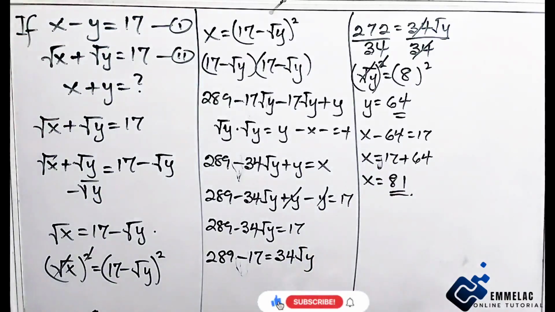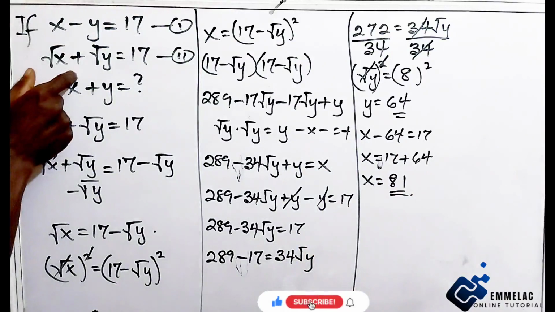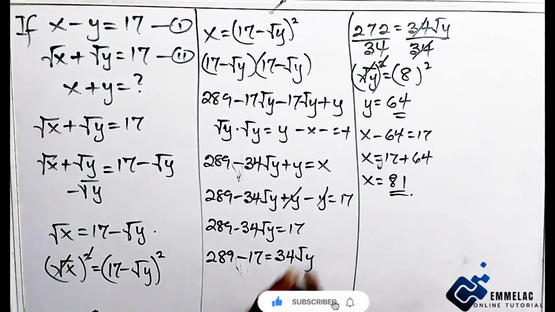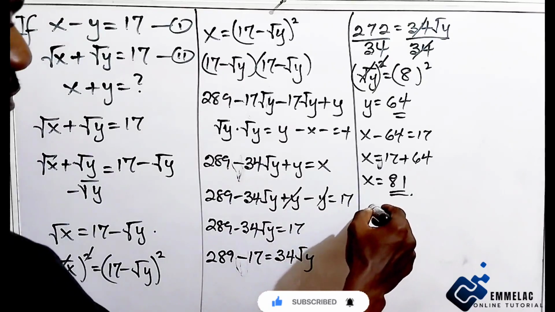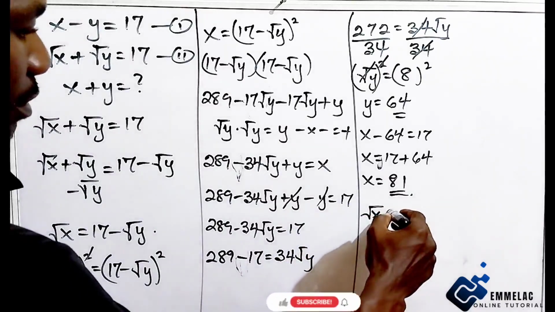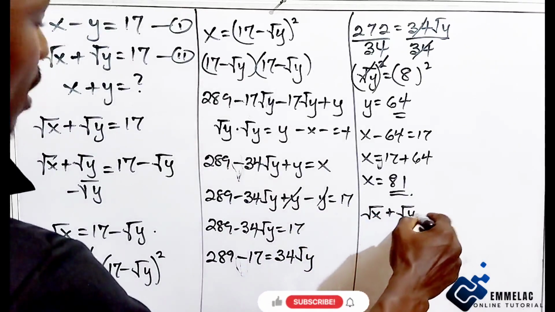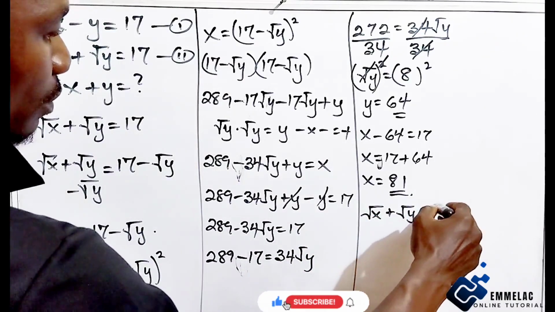Okay, right. So let us see if it also works for this. So here we can say the square root of x plus the square root of y, if it is equal to 17.